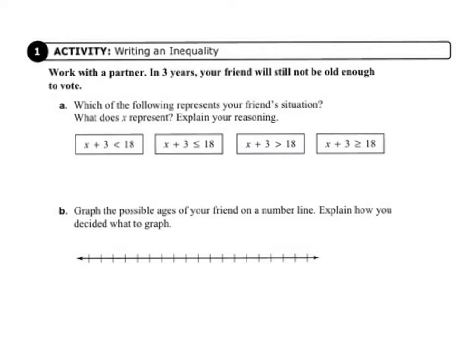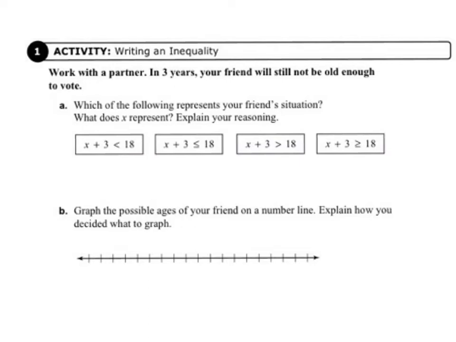So starting on the right, X plus 3, let's assume X is our friend's age. So X plus 3 is greater than or equal to 18. So if we take our friend's age, let's say our friend is 10 years old. So 10 plus 3 is greater than 18. Does that make sense? Probably not.